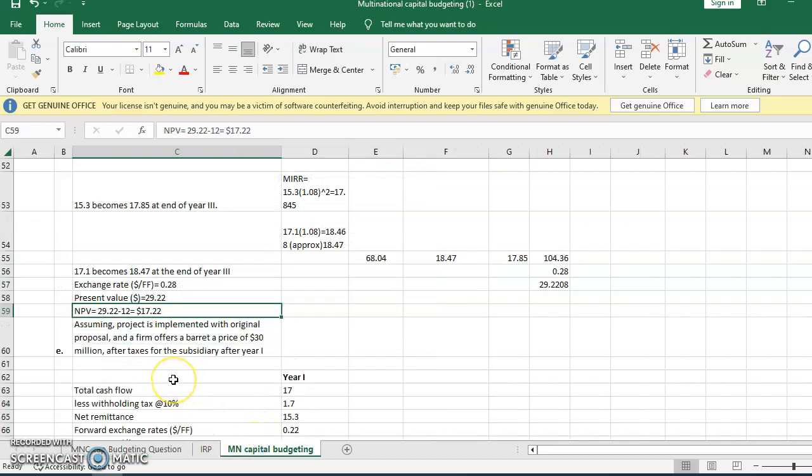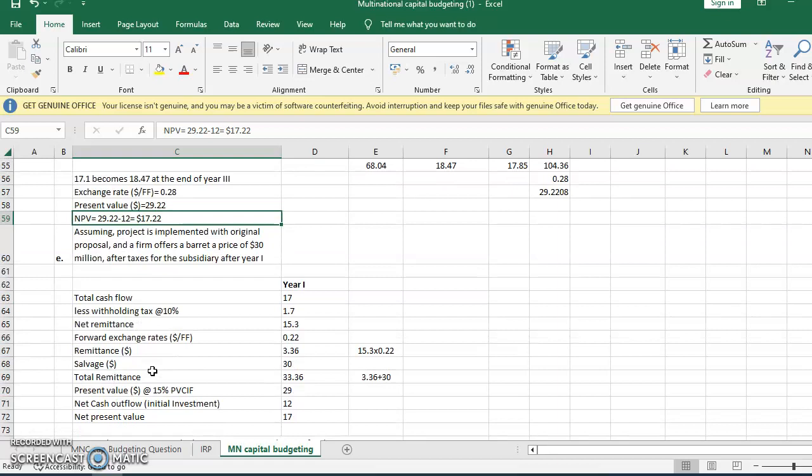What they have asked is that you need to assume the project is implemented with the original sum of money, and a new firm would offer this company a new price of 30 million after taxes for the subsidiary.